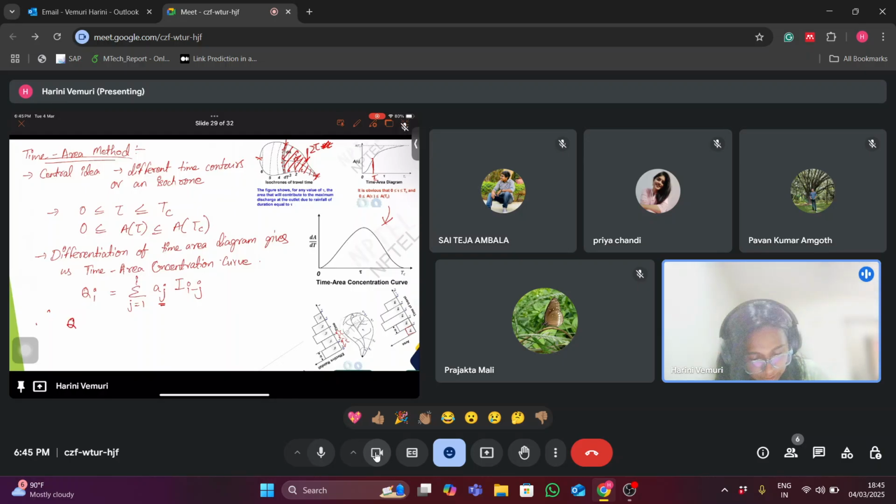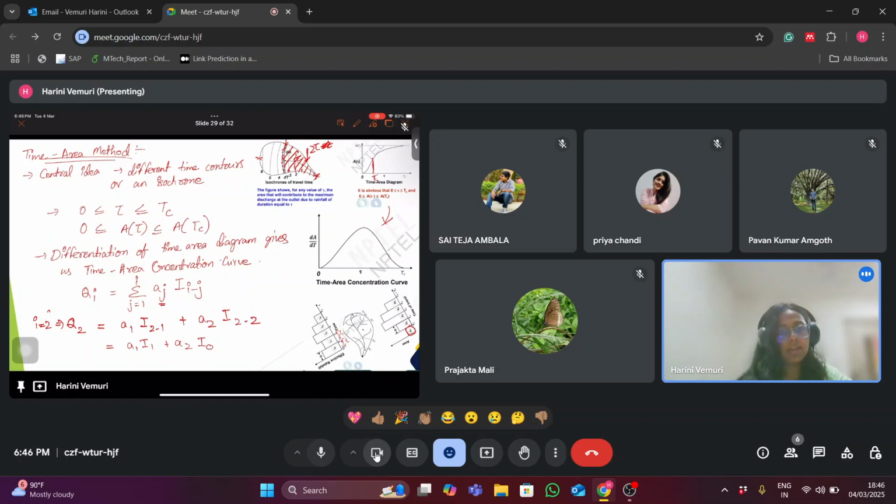For suppose I equal to 2, then Q2 is equal to, here first j equal to 1 we will consider A1, that is this time step into I of 2 minus 1, plus A2 I of 2 minus 2. That is A1 I1 plus A2 I0. So like this, we have to calculate the discharge values at each time step to get the unit hydrograph using the time area method.